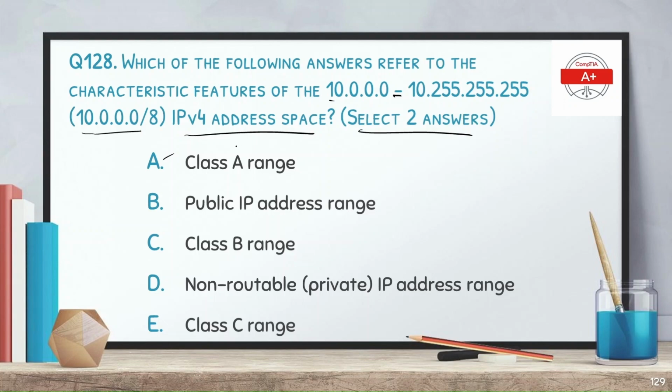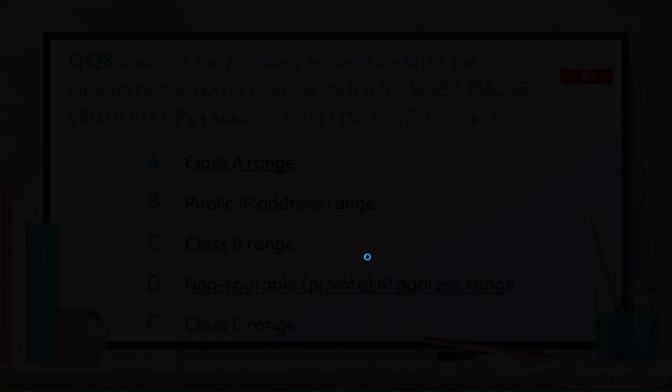Options are A, class A range, B, public IP address range, C, class B range, D, non-routable private IP address, and E, class C range. So the correct options are that this range basically belongs to class A. This is class A range, and these are non-routable addresses, also known as the private addresses.